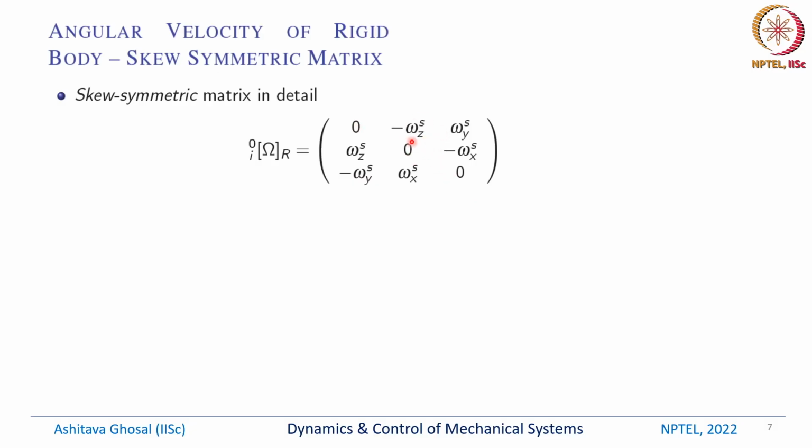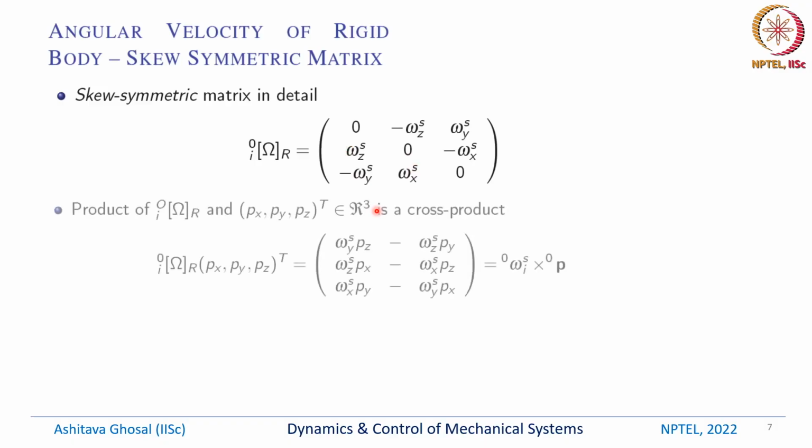So this is minus omega z, this is omega y, this is minus omega x, and by the skew-symmetric property this should be plus omega z, and this is minus omega y, and this is plus omega x. We will see later that this s has some significance, but it doesn't matter right now. We will come to what s is a little while from now.